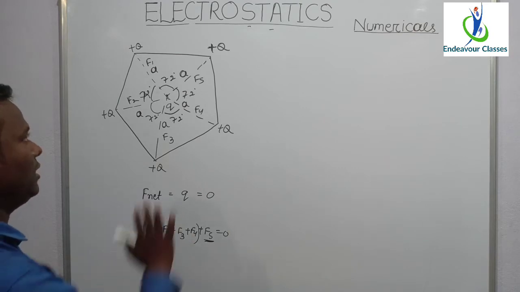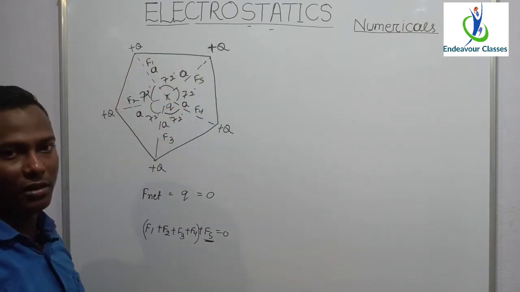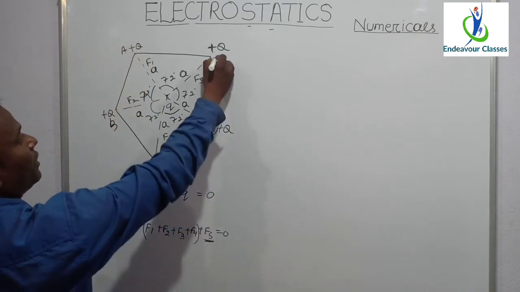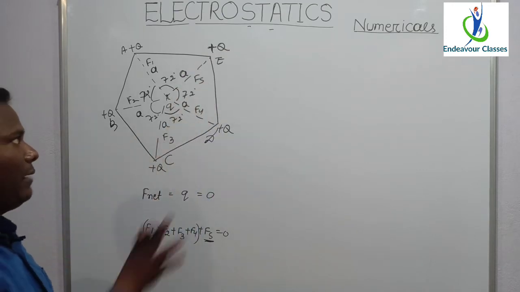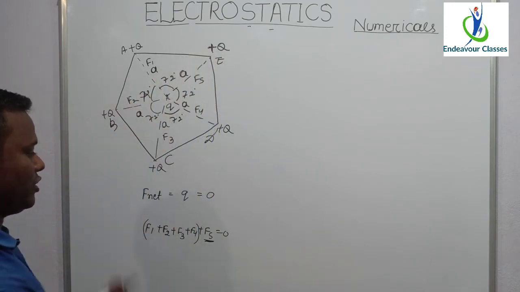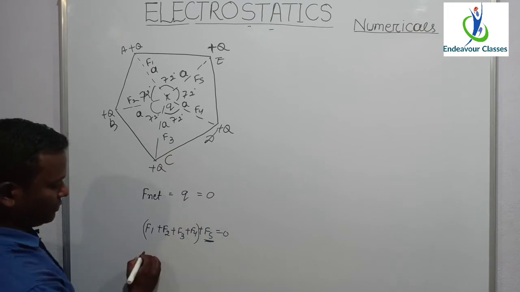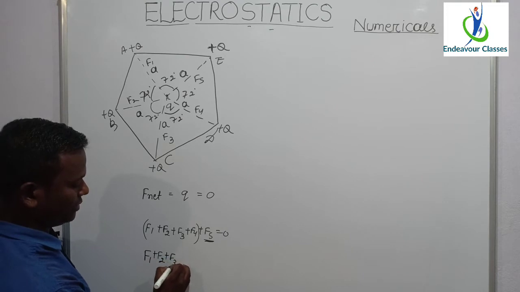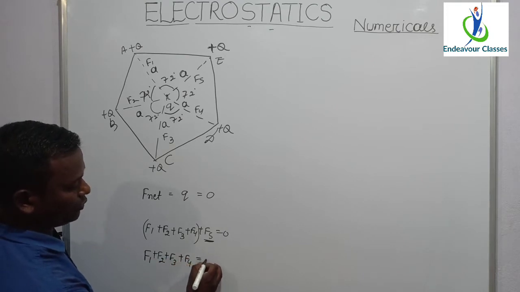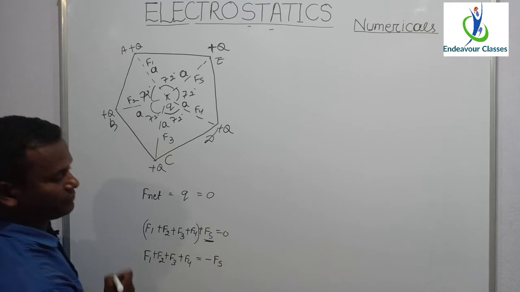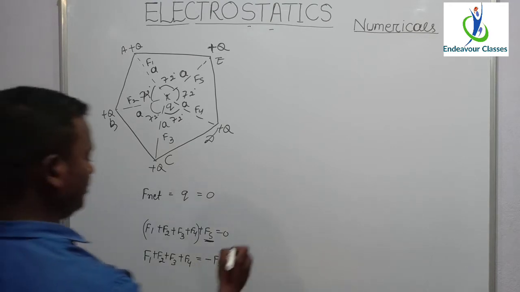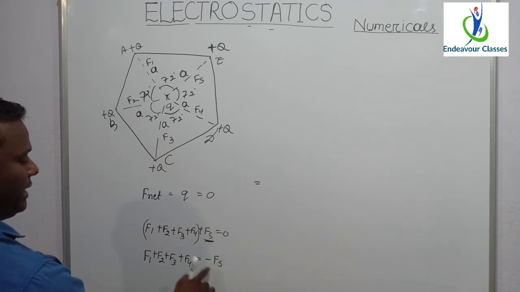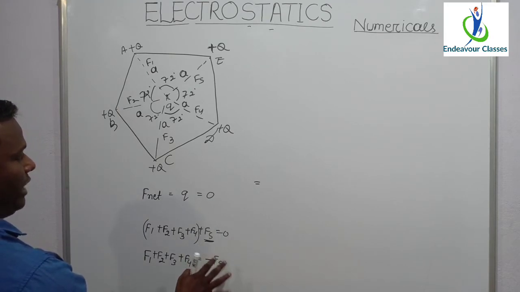We have only assumed that if plus q were placed at the fifth corner, let these corners be A, B, C, D and E, then the resultant must have been 0. So the resultant of F1 plus F2 plus F3 plus F4 must be equal to the negative of F5.